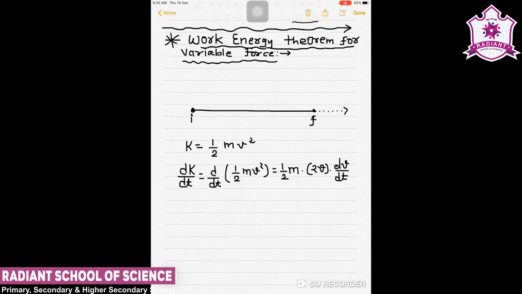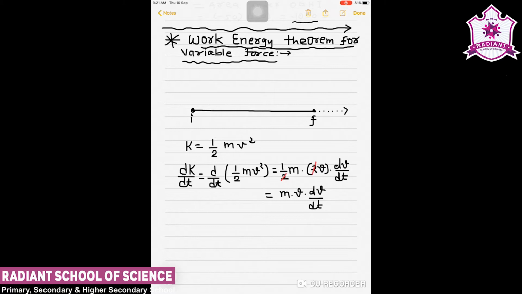So this is the basic equation that we have obtained over here. Now 2 will cancel out, and we will have the remaining part as m v into dv upon dt.